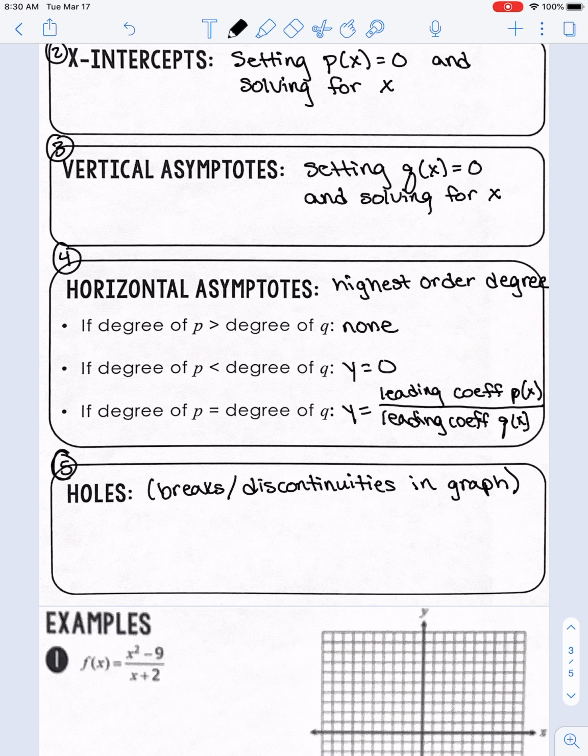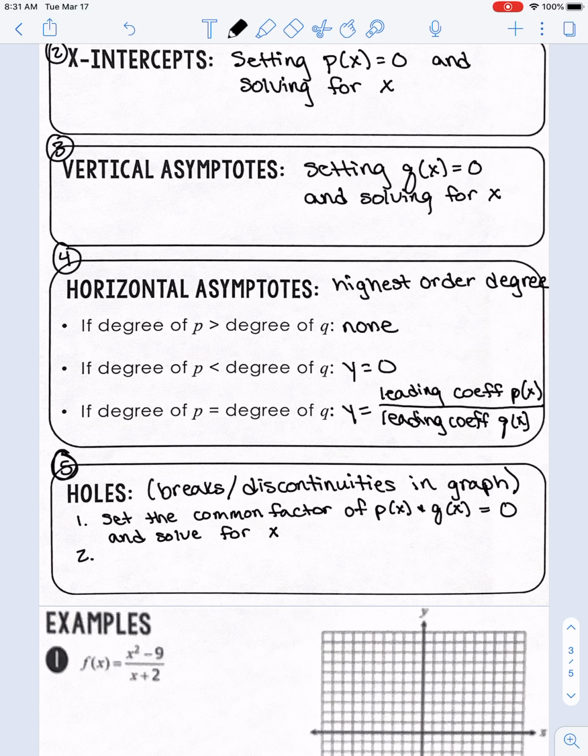So to find these, step 1 is set the common factor that you factored out equal to 0 and solve for x.